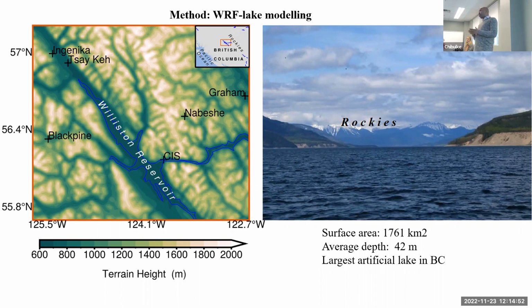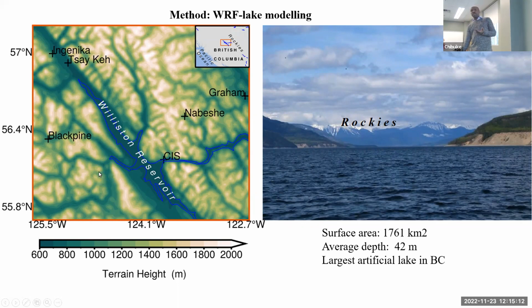Now, this area is a bit remote. In fact, it's remote because it's just tucked into the Rocky Mountain ranges, right? So you have these high ridges flanking this reservoir, because this reservoir is quite a massive project.